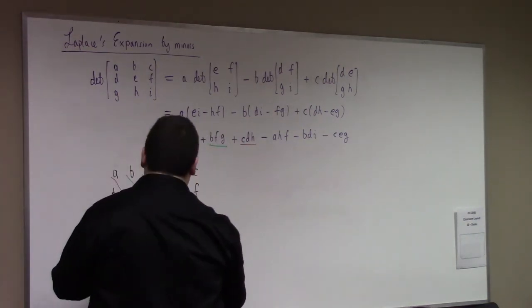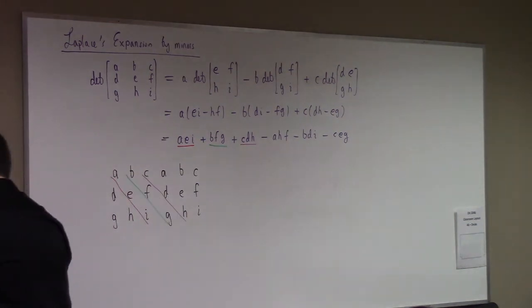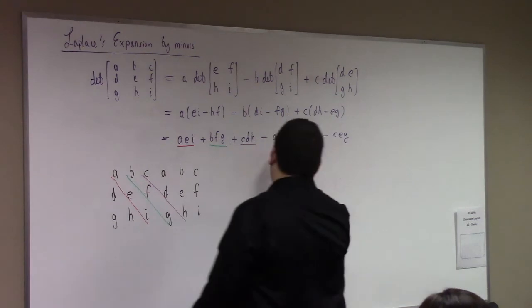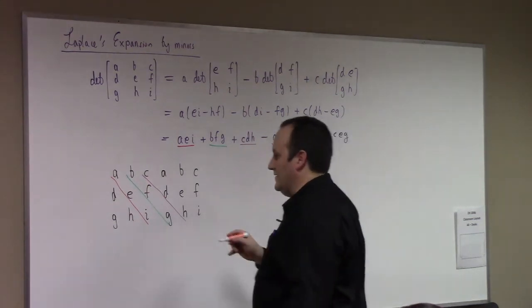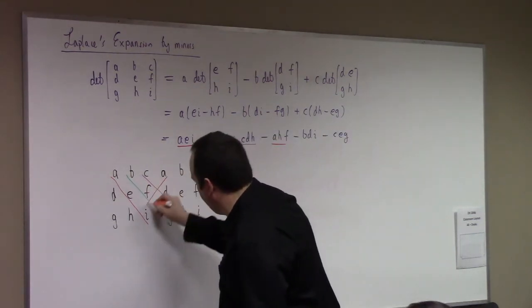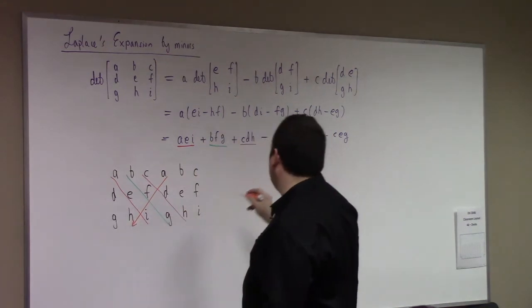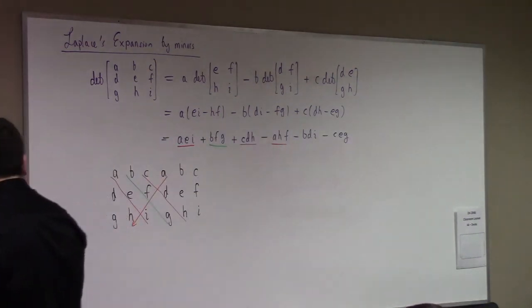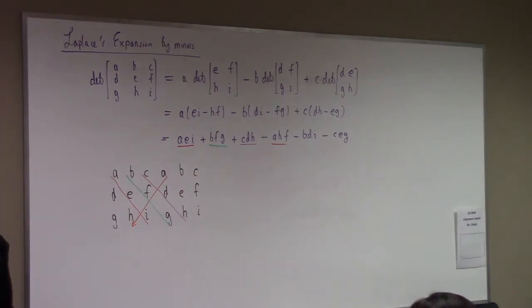CDH is right there, and then the other ones, the minus ones. AHF is like this, right? See that? And come on, I gotta have a blue here. Oh, purple.